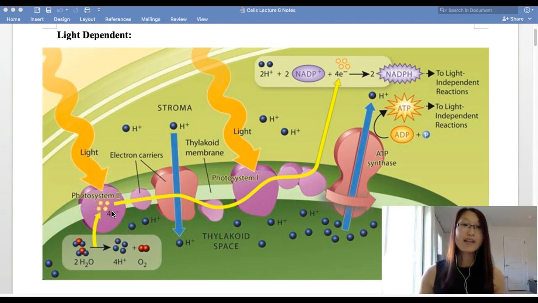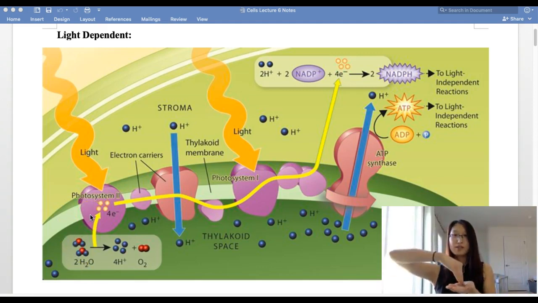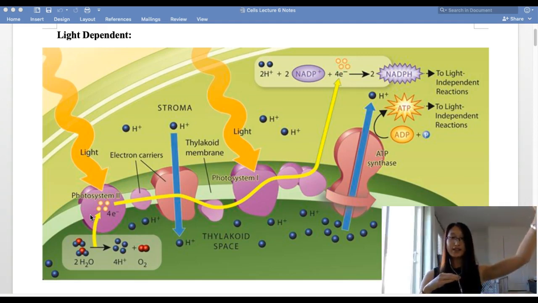Photosystem 2 is the place where the light energy is converted into energy in the electrons. So it's an energy conversion process. Photosystem 2 is able to do that because it has the pigment chlorophyll, and chlorophyll can harvest energy from light. So light comes into photosystem 2, electrons get excited.